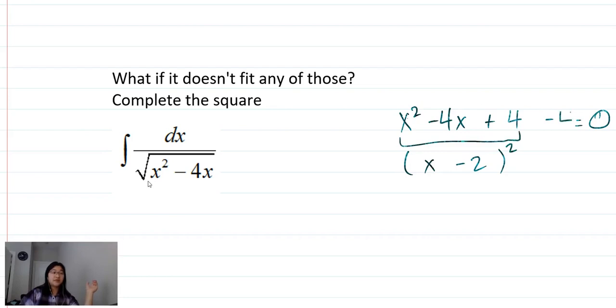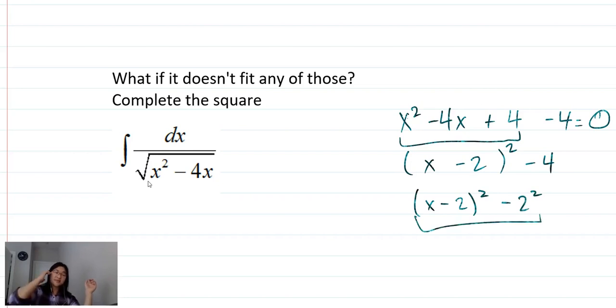But since we added 4, we need to subtract 4. And that's lovely, because then we have x minus 2 squared minus 2 squared. We have our x term in the beginning, and then we have a difference, so that means that we're looking at a secant.